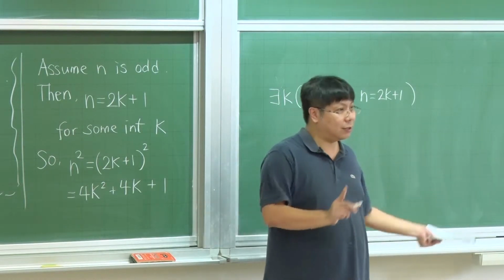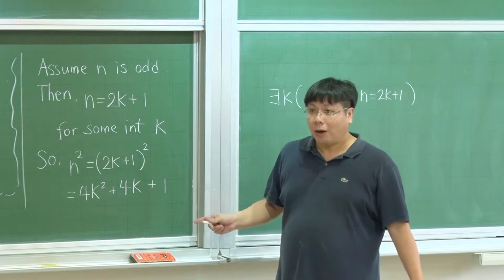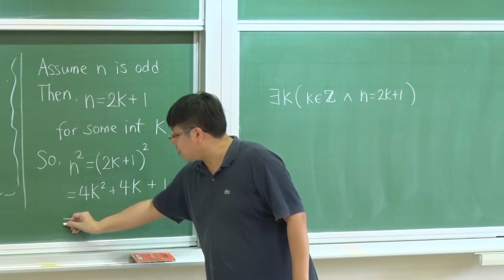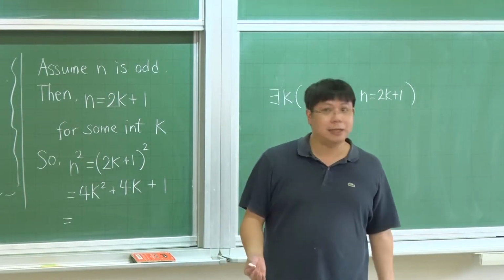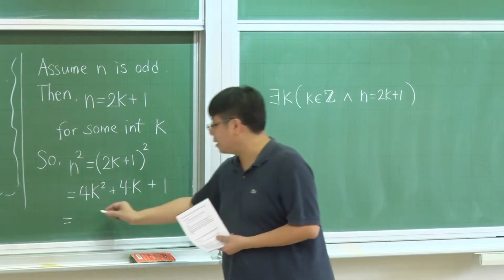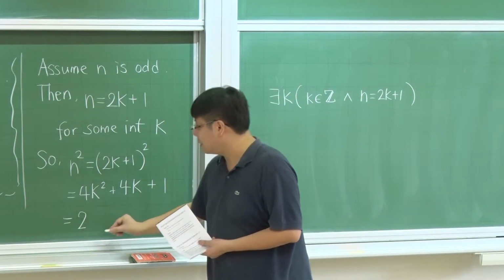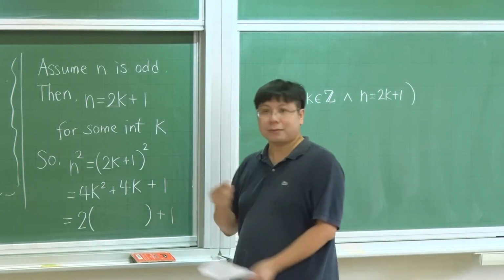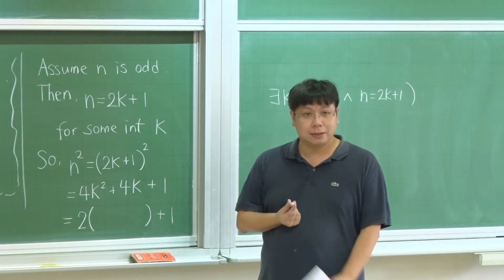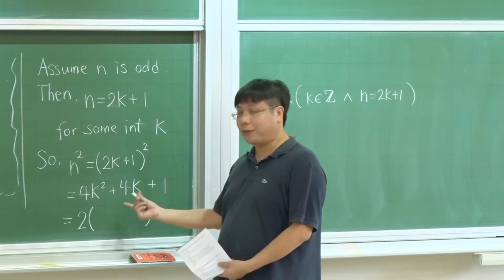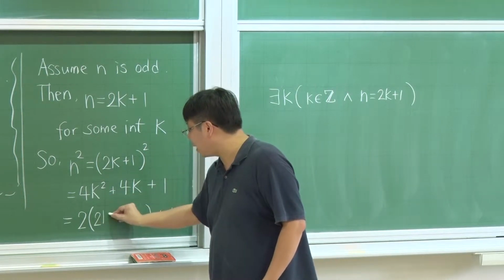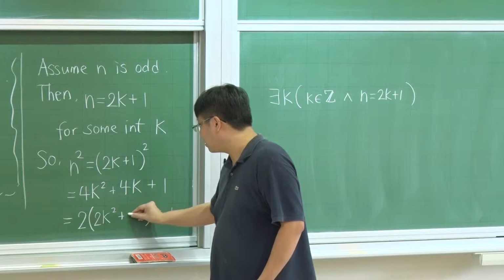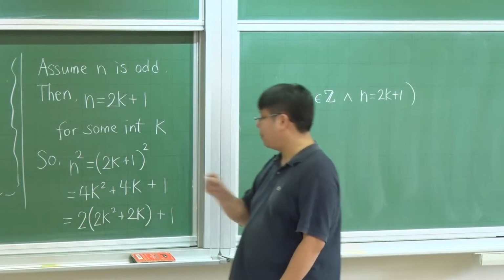Or you can also try to put this in the form that an odd integer looks like: 2 times some integer plus 1. So this is perfect here: this is 2 times (2k squared plus 2k) plus 1.